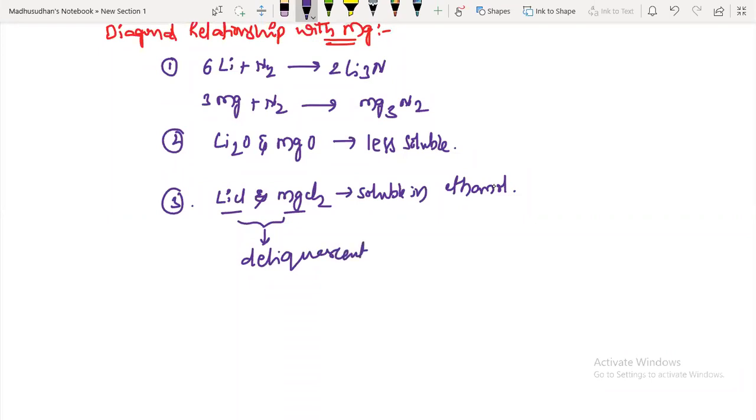What is meant by deliquescent? They absorb moisture from the atmosphere, right? They absorb moisture from the atmosphere and exist as hydrated molecules. So lithium chloride exists as 2 hydrated and magnesium chloride exists as 8 hydrated water molecules.